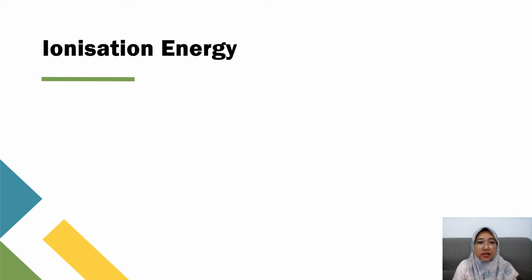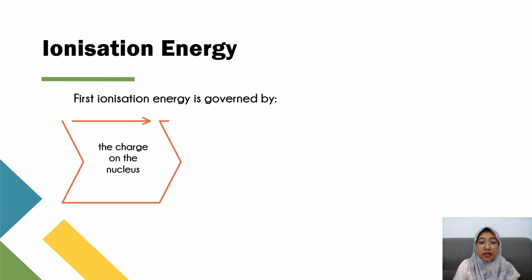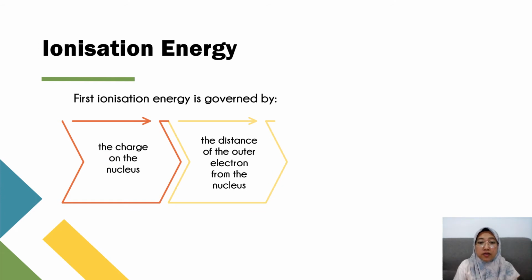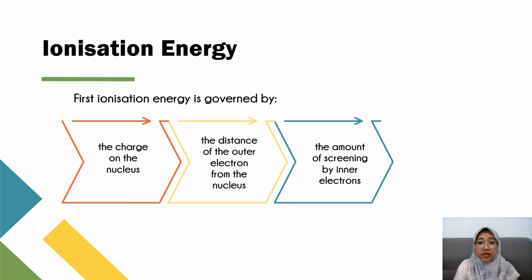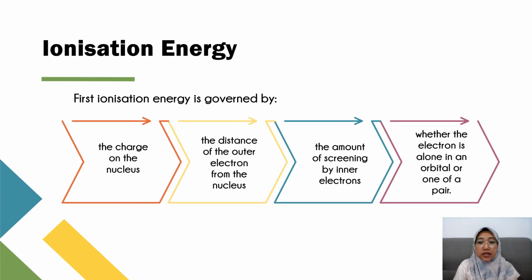Okay, next is ionization energy. Okay, ionization energy is the energy required to remove one electron. Okay, so first ionization energy is governed by the charge on the nucleus, the distance of the outer electron from the nucleus, the amount of screening by inner electrons, and whether the electron is alone in an orbital or one of a pair.